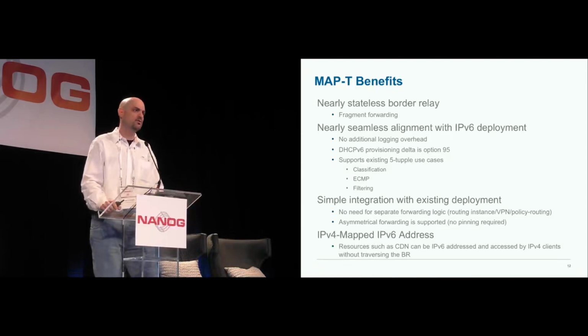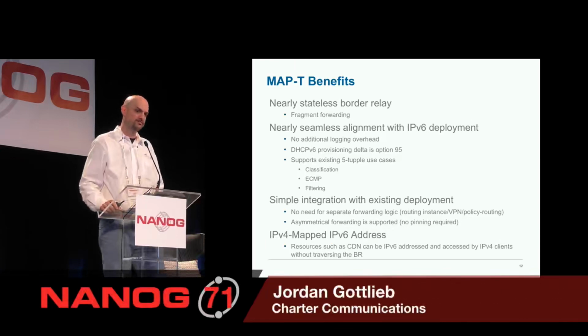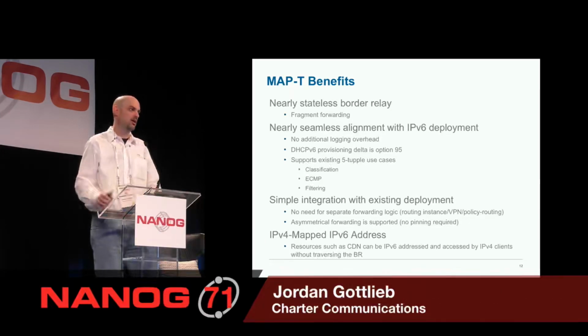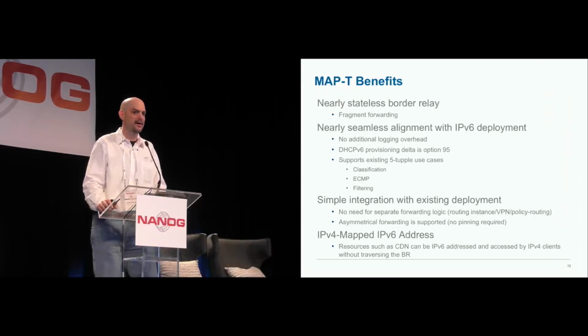It's very simple to match a particular internet transaction of IP address and port with a particular subscriber beyond the DHCP lease notification, no additional logging. Extending DHCPv6 to support MAP-T is just a delta of an option 95.